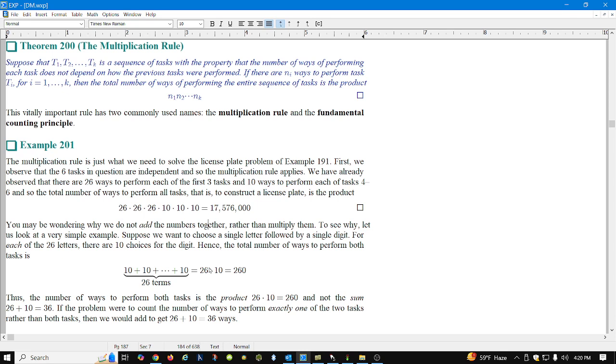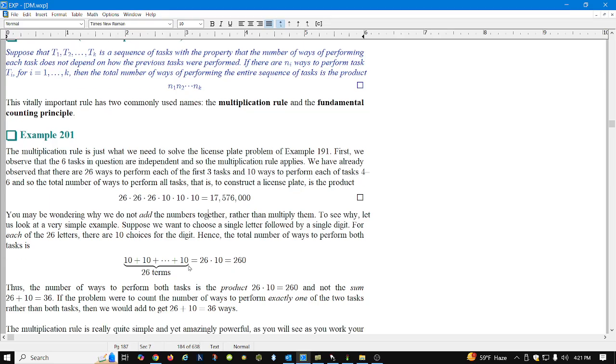So to get the total number of ways to do both, you're going to add 10 to itself 26 times. That's 26 times 10. That's why you multiply. If the problem were to count the number of ways to perform either task, exactly one task, either choose a letter or choose a number, now you add. You get 36.